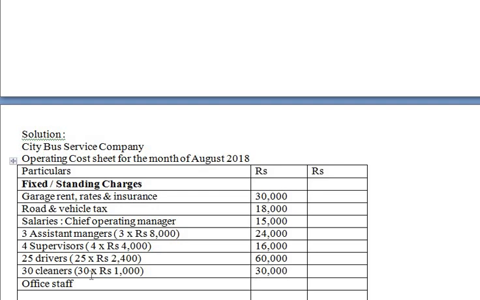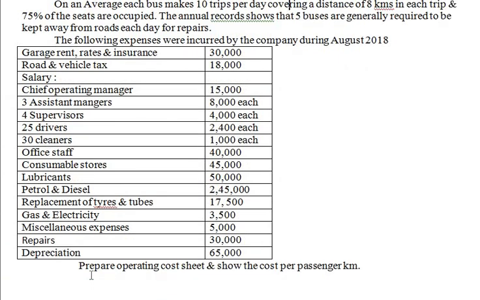Next is office staff and the amount is 40,000. Now again go through the problem.